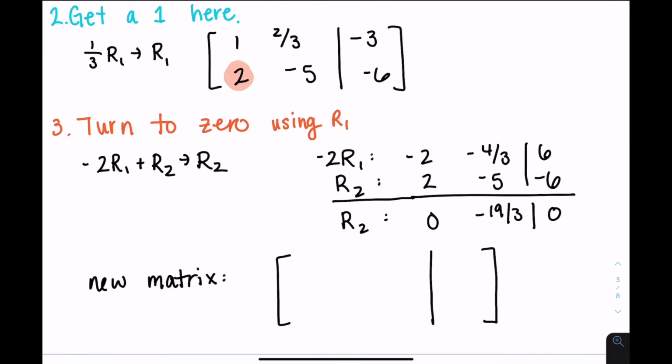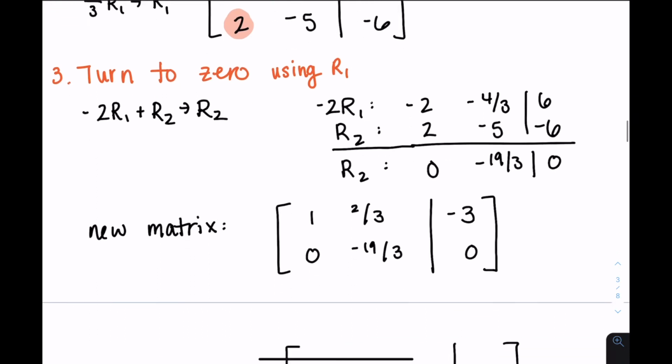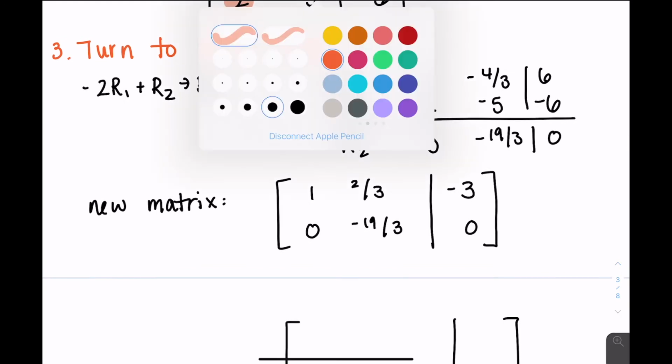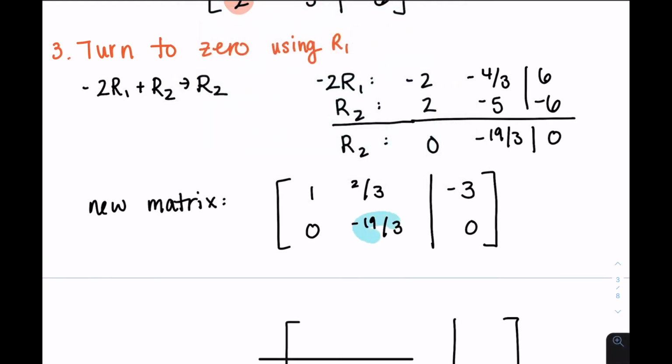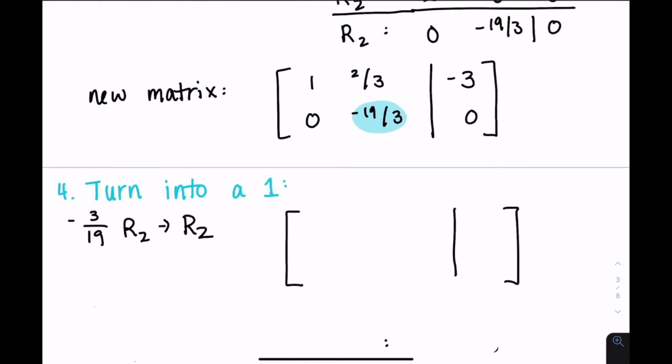So I get my new matrix now. My first row I didn't do anything with, but now I have a new row 2, which is 0, -19 over 3, and 0. Okay. Now I want to work on that 1 in the next spot. So I'm going to turn this into a 1. And so what I need to do is multiply by the reciprocal.